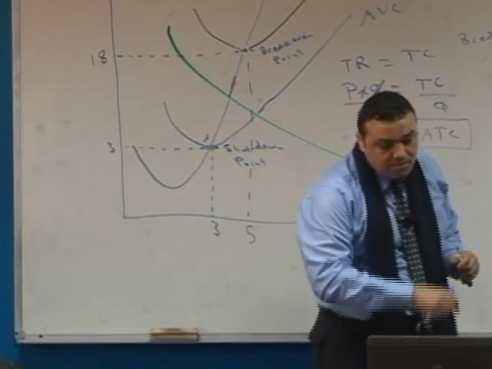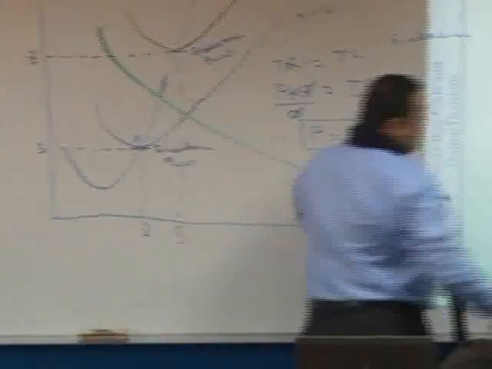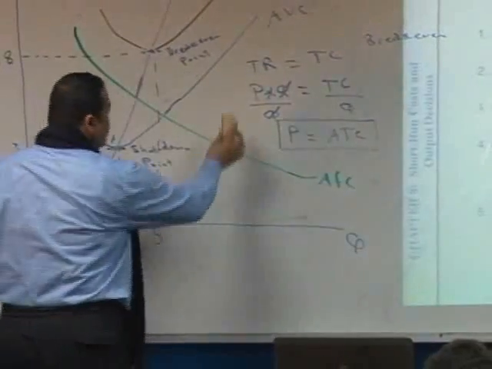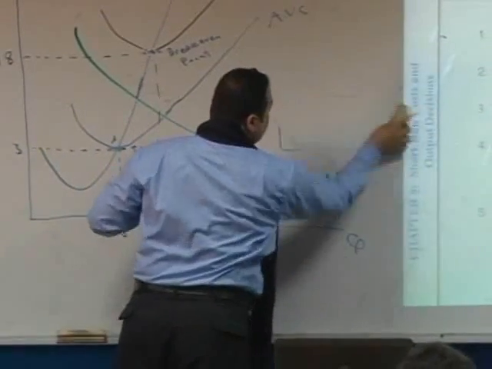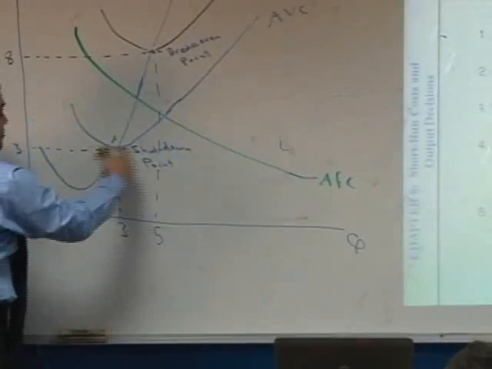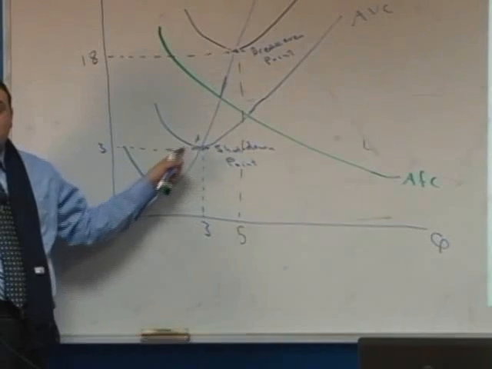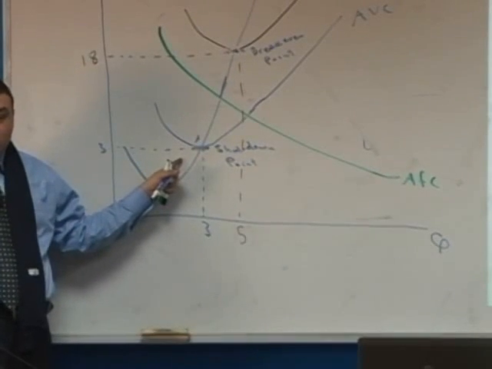What about, sorry, yes, here. So as you see, number 4, AVC crosses MC at the minimum of AVC, which is the shutdown point, as we mentioned. Right?